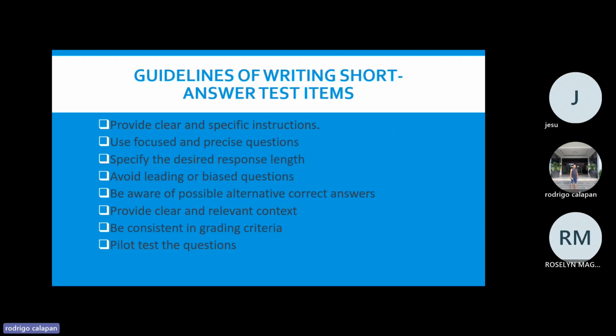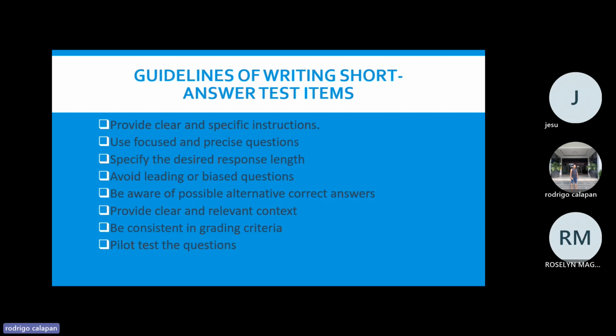Number two, you have to use focused and precise questions. That means that as teachers, we need to craft questions that are clear, that are specific, avoiding ambiguity or multiple interpretations. We have to ensure that questions prompt a targeted response rather than a broad or vague answer.